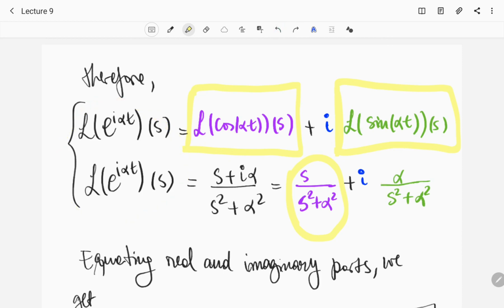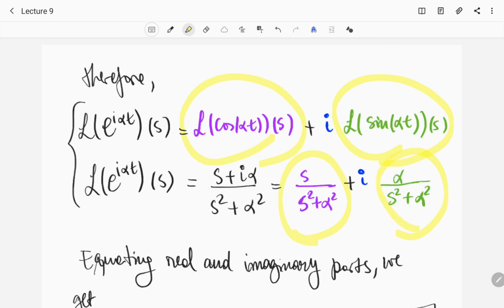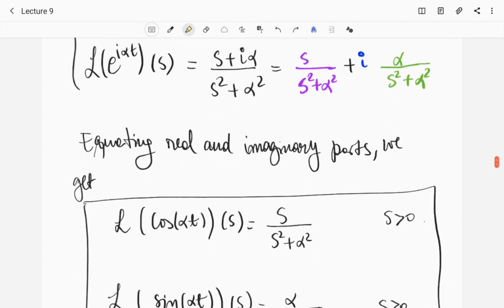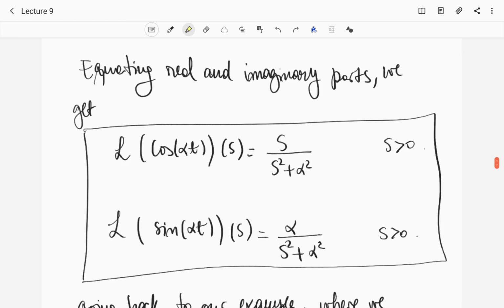And we know that two complex numbers are equal if and only if the real part is equal to the real part and the imaginary part is equal to the imaginary part. So we just computed the Laplace transform of cosine of alpha t and sine of alpha t for any alpha in R. So again, equating real and imaginary parts, we get these expressions.